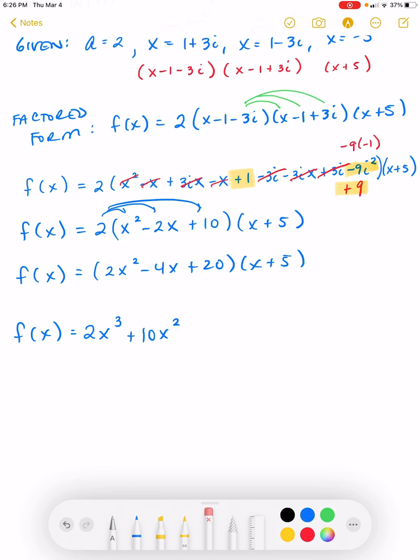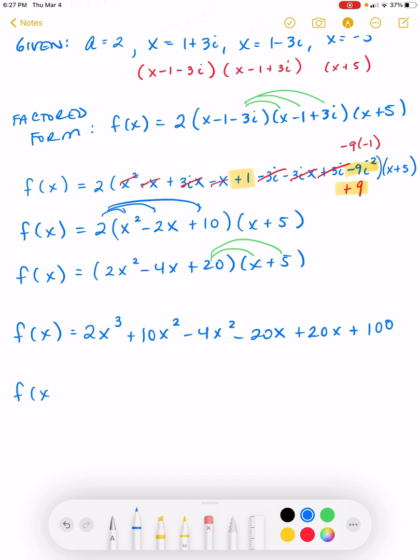Then I'm going to take the negative 4x and multiply it by both terms, which makes negative 4x squared minus 20x. Then I'll take the 20 and multiply it by both terms, which will be 20x plus 20 times 5, which is 100.